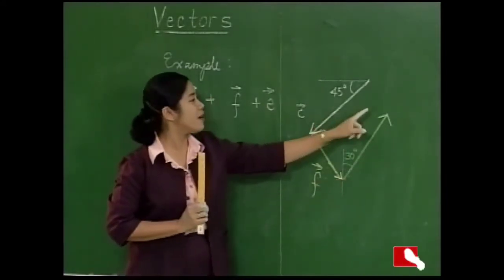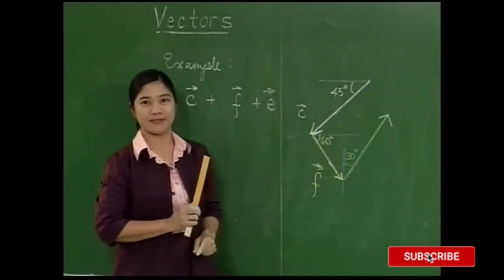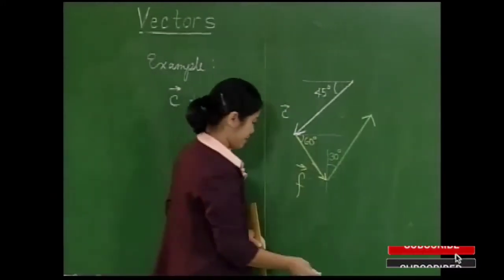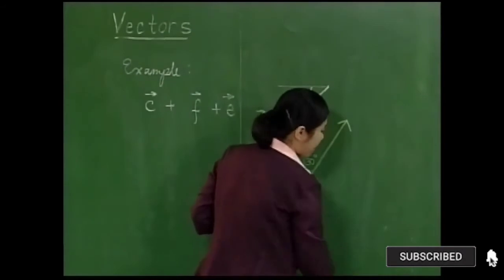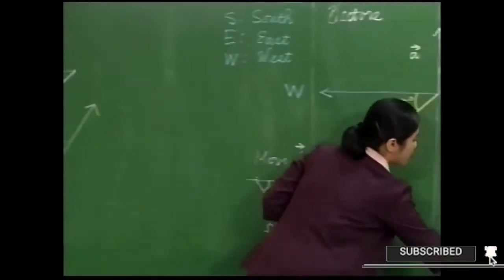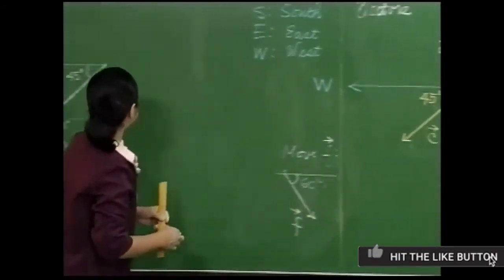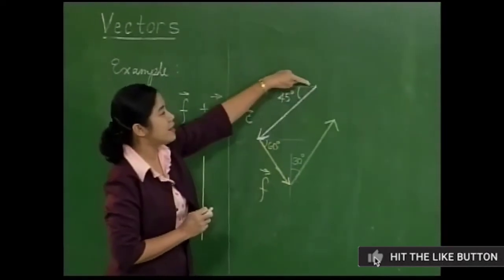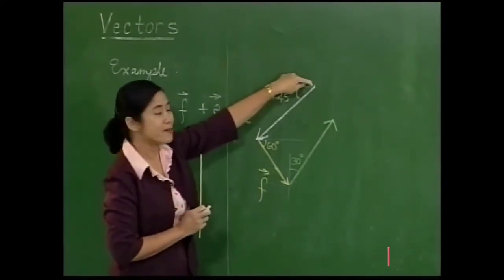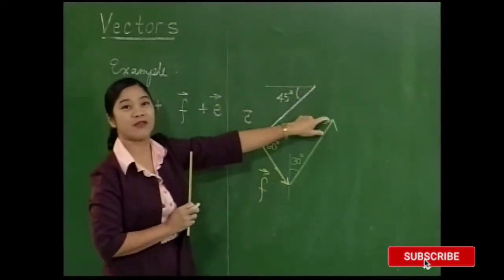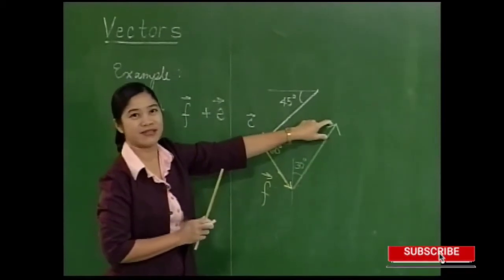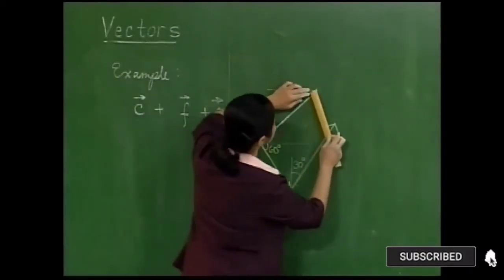What is the vector sum? The vector sum will be from the tail of the first vector to the tip of the last vector. So I get this.